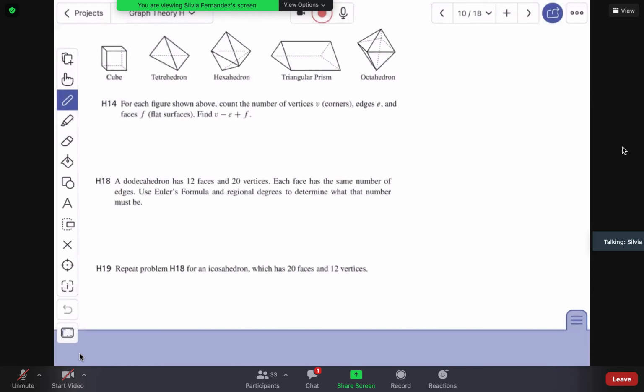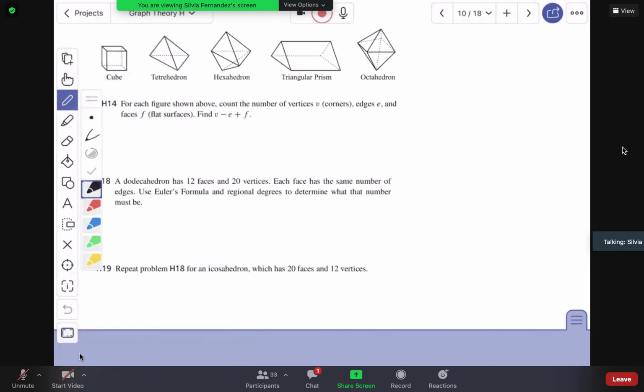These are the Platonic solids, and that's what I was telling you about before. Euler's formula also applies to the Platonic solids, and not only to those, to any connected polyhedra in space. Instead of regions, you have faces.